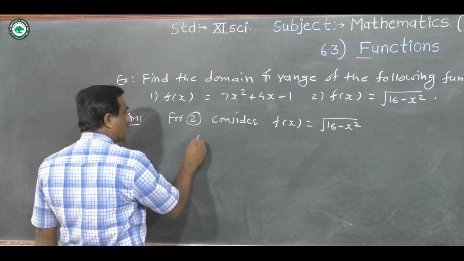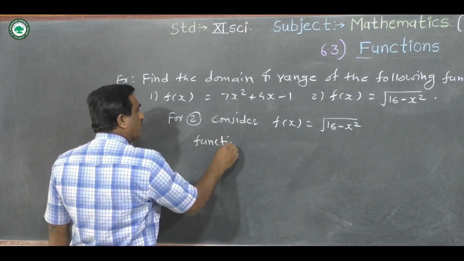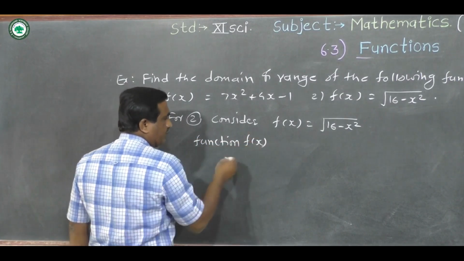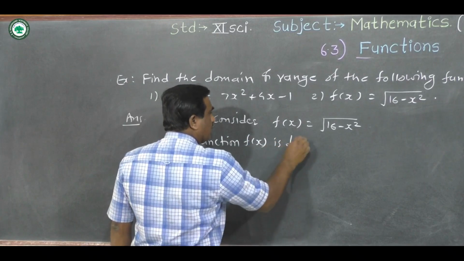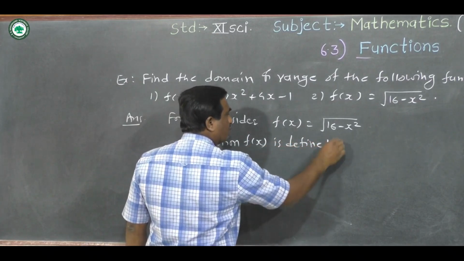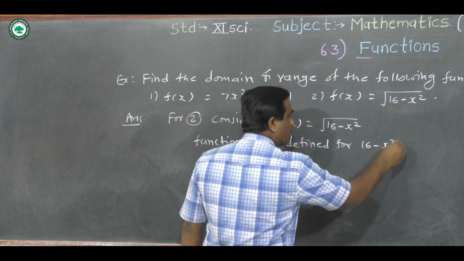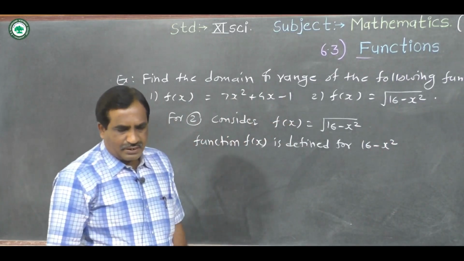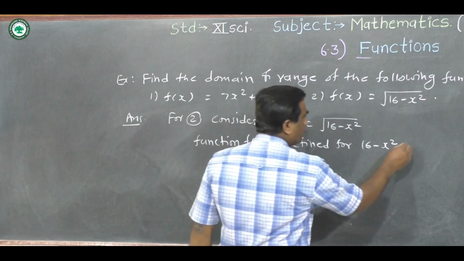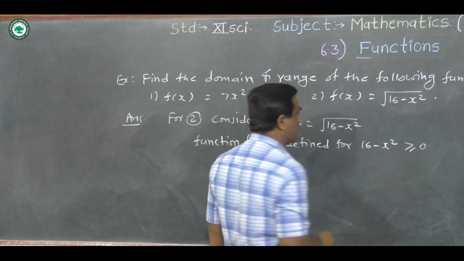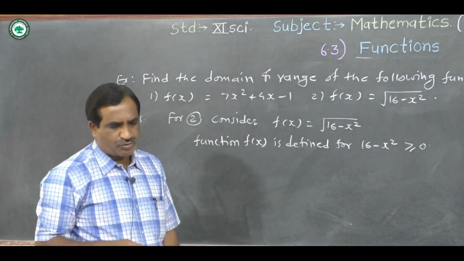Function f of x is defined for this term 16 minus x square greater than or equal to 0.